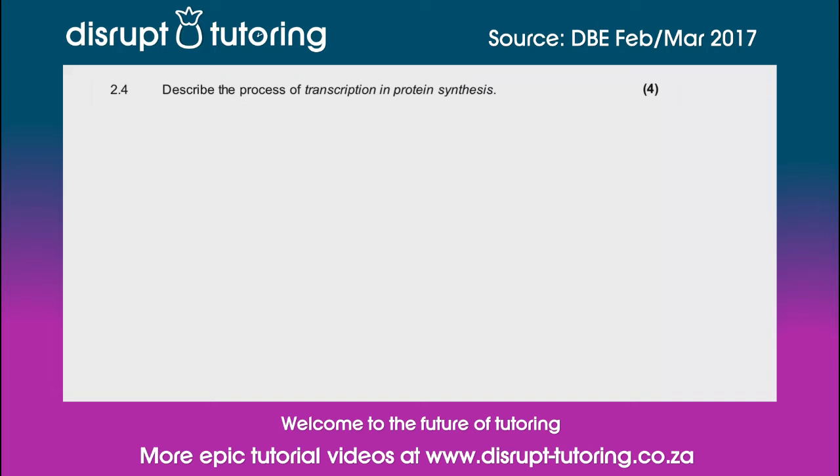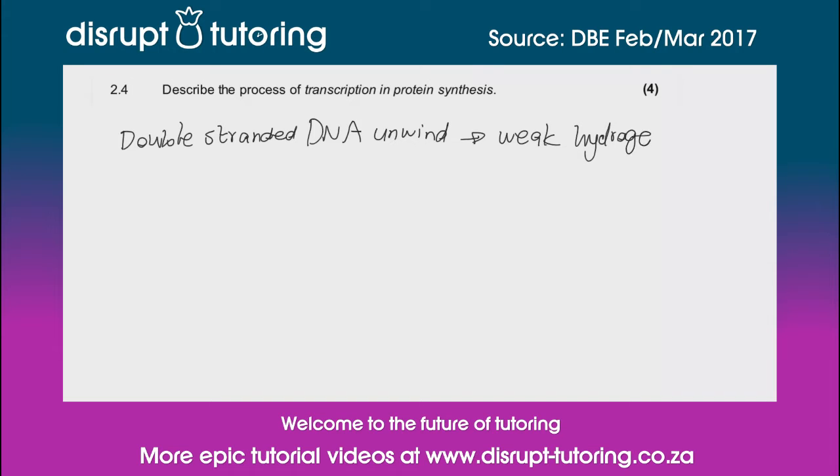So transcription starts by the DNA, or the double-stranded DNA molecule, which unwinds. The double-stranded DNA unwinds, and it doesn't just unwind, the weak hydrogen bonds also break.